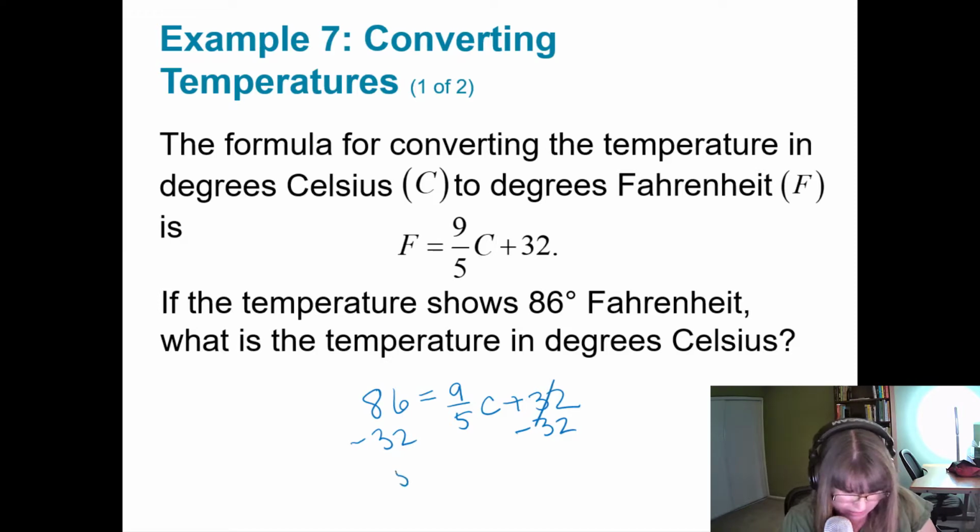I get 54 equals 9/5 C. Because it's a fraction, if I multiply both sides by the reciprocal, I'll get rid of that value in front of the C. So multiplying both sides by 5/9.